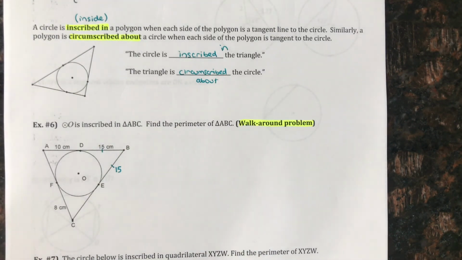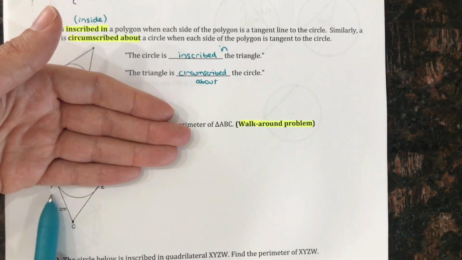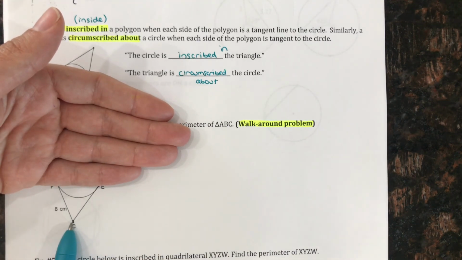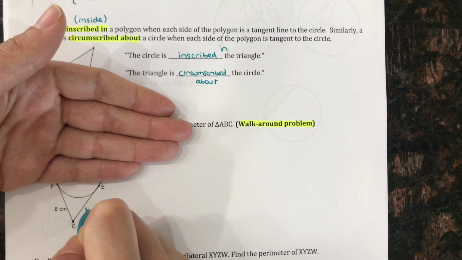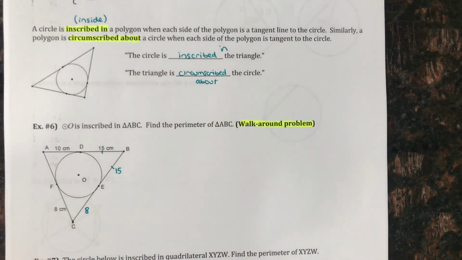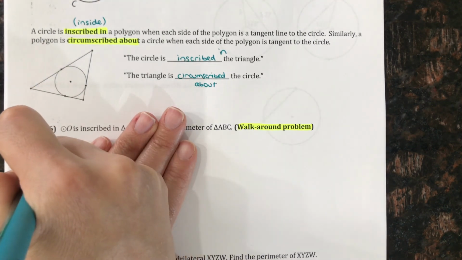Now, if I cover up, let's say, this part of my picture, notice that FC and EC meet at a common point, and they're both tangent to the circle. So these are both going to be 8. And finally, if I have 10 up top, I have 10 over here.